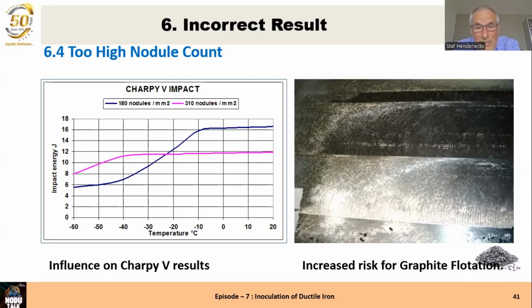The red one has 310 and the blue one has 180. But if you go further, and that means lower than -25, then the relation reverses. At temperatures lower than -25, a high nodule count has a better result than a low nodule count. That's something for people who make castings which are used at minus temperatures.